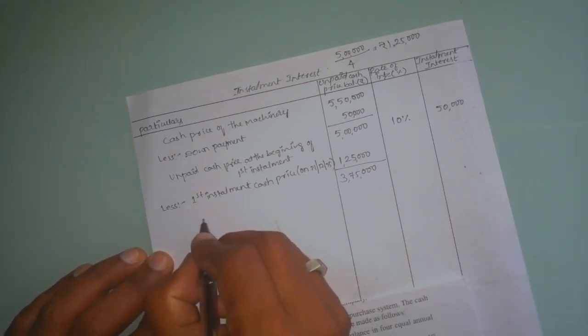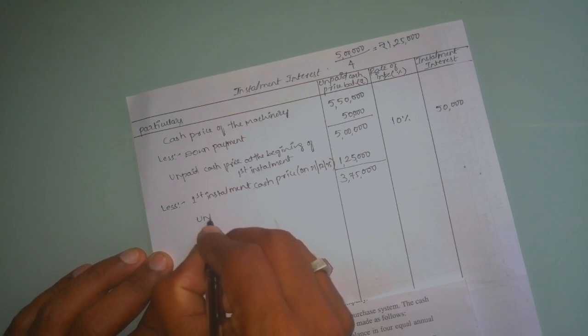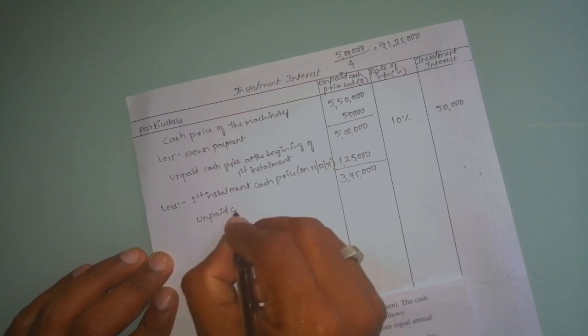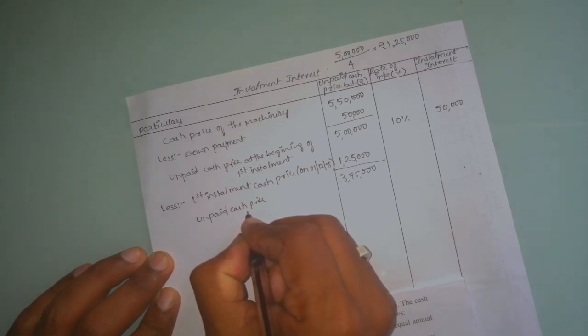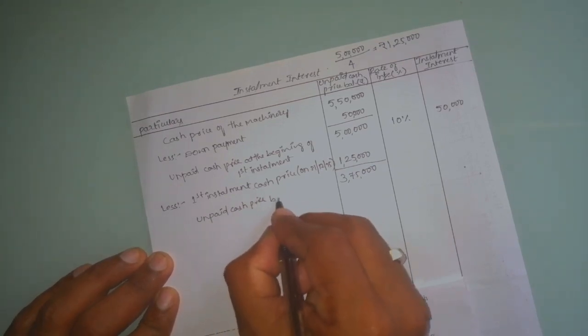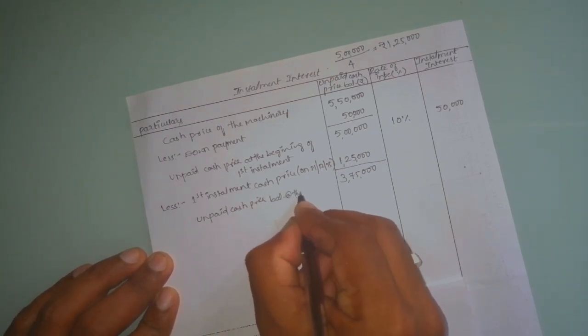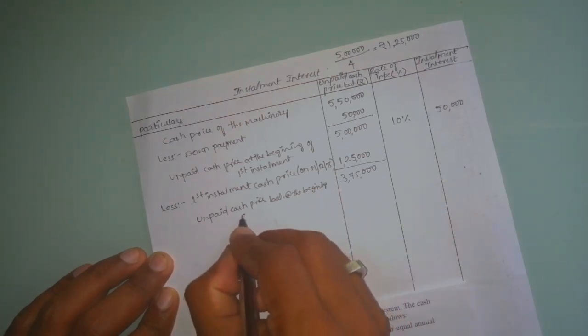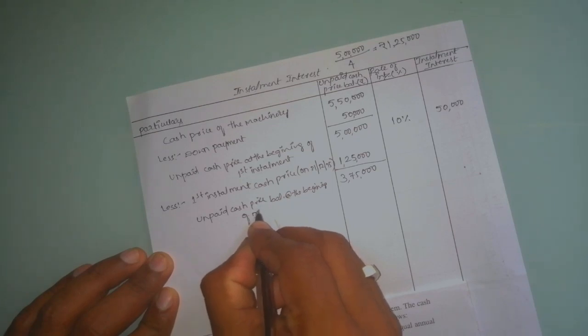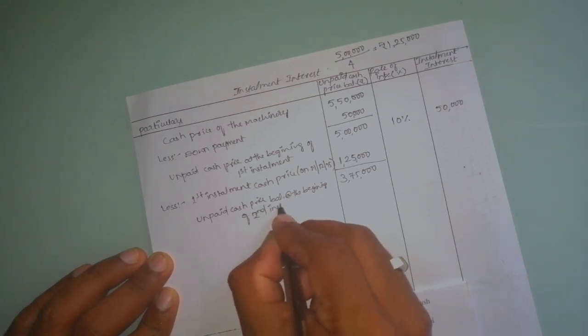Still the balance is remaining. It is called the unpaid cash price balance at the beginning of the second installment.